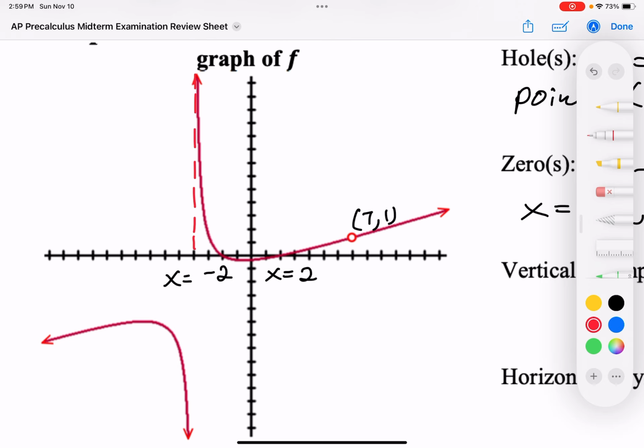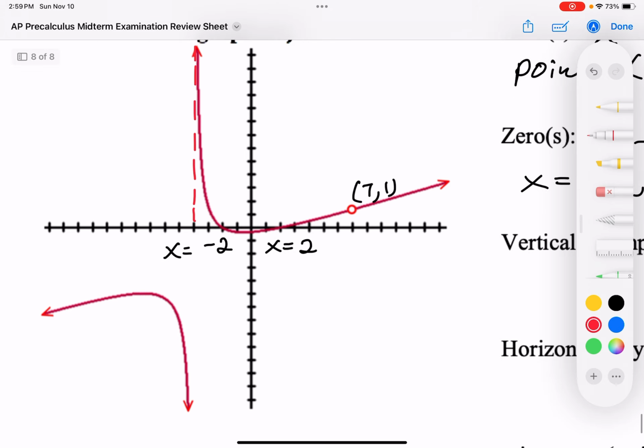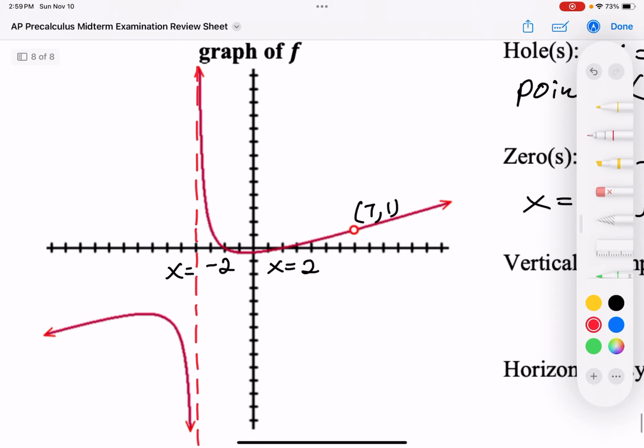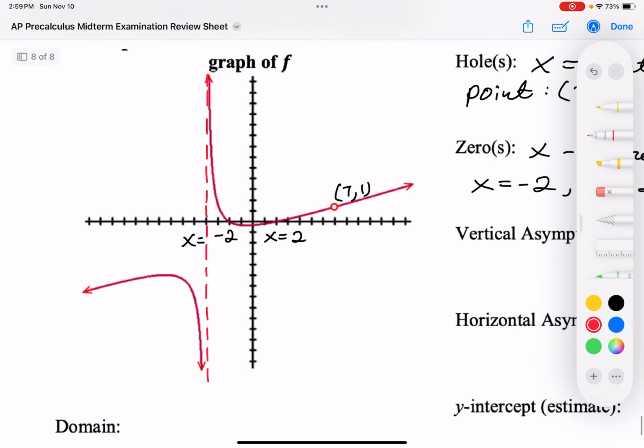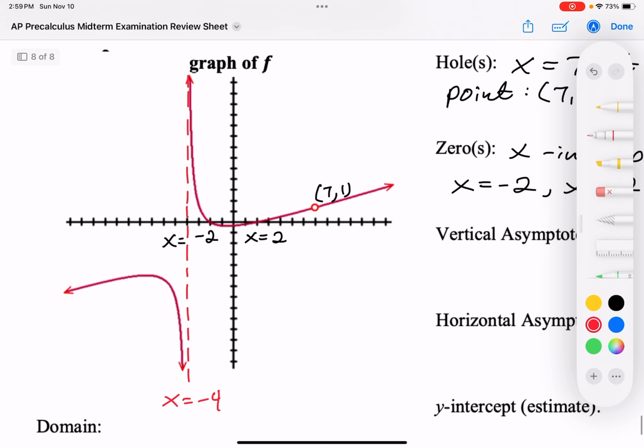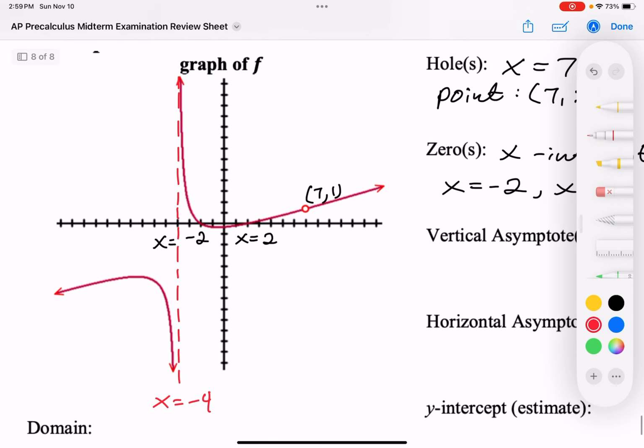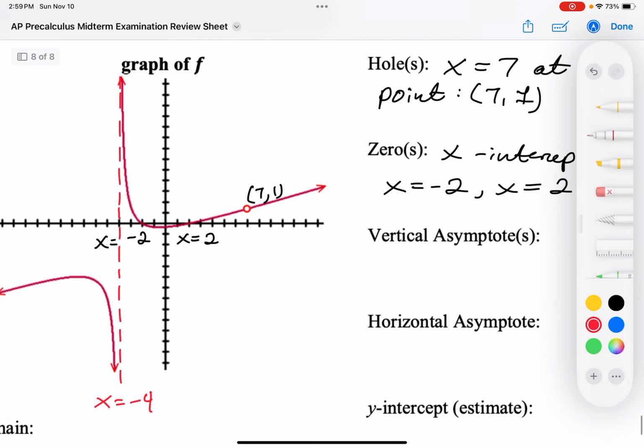Don't mind the arrow, the arrow just indicates it's continuous. If I draw a vertical line at x equals -4, the function approaches that line from both directions, but it doesn't cross nor touch. So my vertical asymptote is at x equals -4.